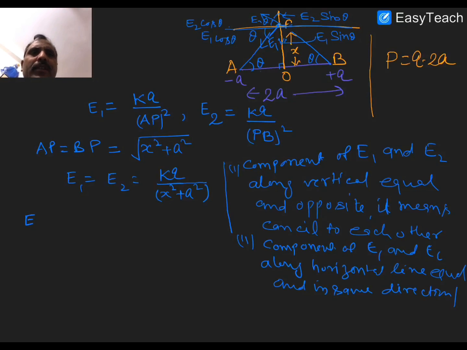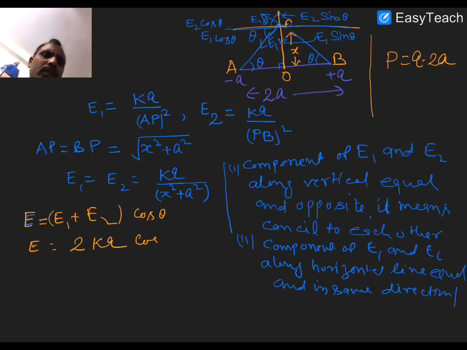The net electric field at point P, E, is equal to E1 plus E2, which means twice E1 cos theta, then twice KQ cos theta upon x square plus a square.